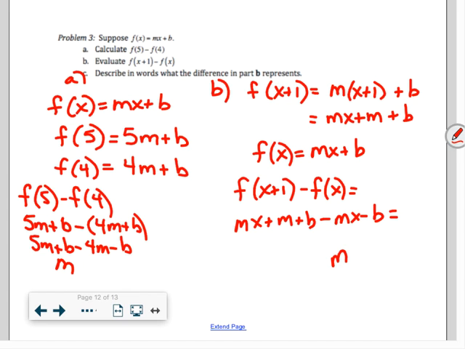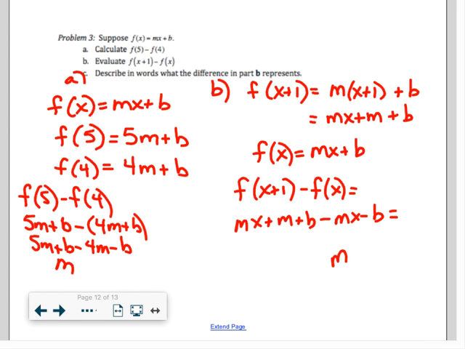Okay, now this connects to part C. What is happening with f of x and f of x plus 1? Aren't those consecutive terms again? Yeah. For part C, this is giving it to me in general. No matter what x I choose, if I take the difference between the one beyond it, x plus 1, and the one before it, x, if f of x equals mx plus b, that is linear, right? That's a line. I'll always get that difference.